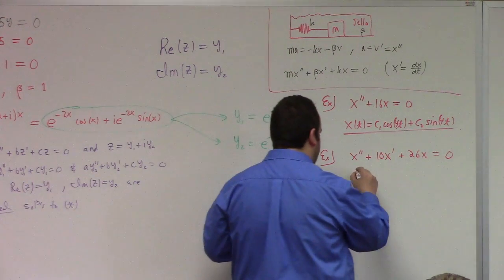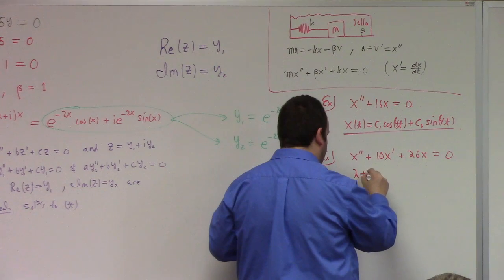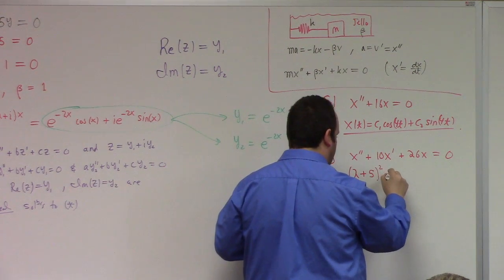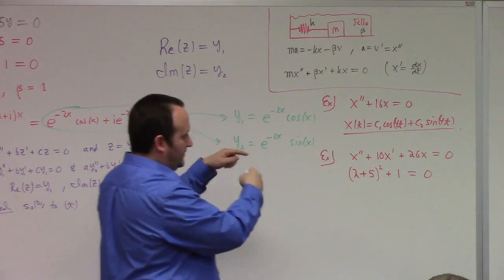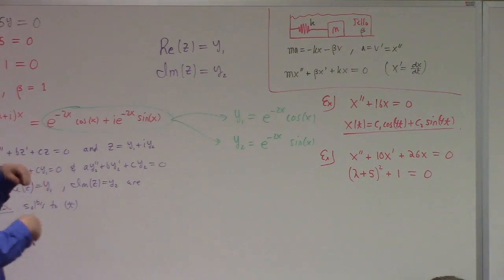You complete the square on this, you've got lambda plus 5 quantity squared plus 1 equals 0. Sorry, I'm skipping a step there, but lambda squared plus 10 lambda plus 26 is lambda plus 5 quantity squared, which brings out a 25, and 26 is 25 plus 1.